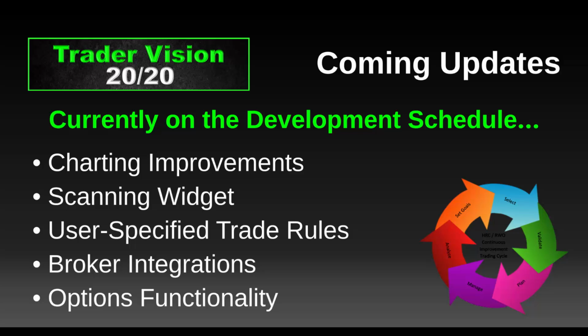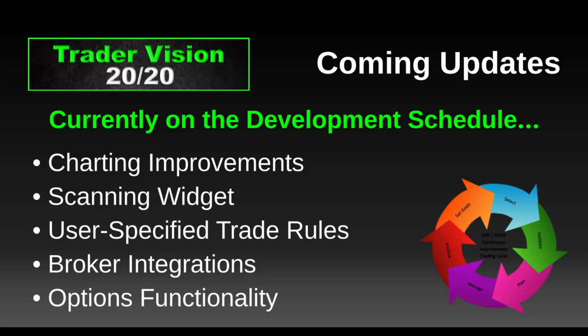We'll be adding some user-specified, in other words, configurable trade rules. So you can put in that you want to know for every trade, is the 3 EMA above the 8 EMA, or whatever your trade rules are, what your liquidity rules are, if a stock meets your liquidity standard or not.